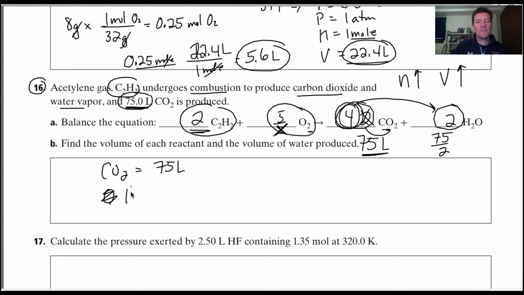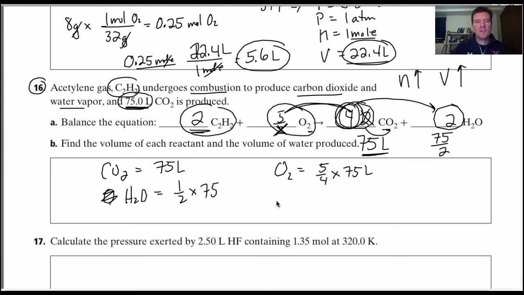Water is going to have a volume of half that. Okay? Oxygen reacts in a 5 to 4 ratio. So oxygen is going to be 5/4 times 75 liters.